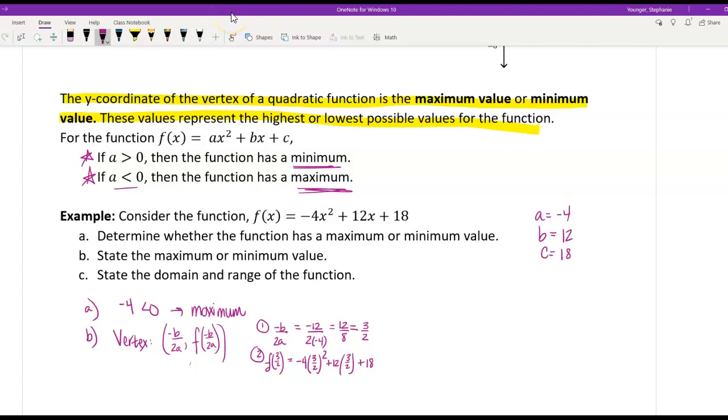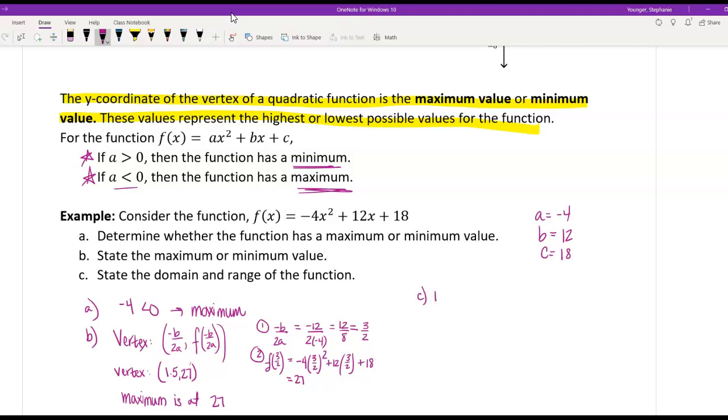So simplifying this out, and I just put it in my handy dandy calculator, I get 27. So my vertex is 3 halves, or 1.5, comma 27, which means our maximum is at 27.